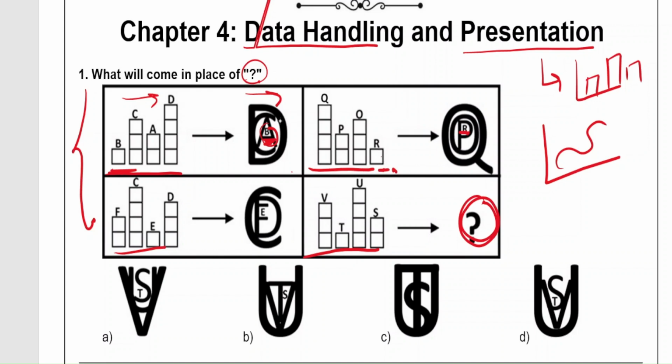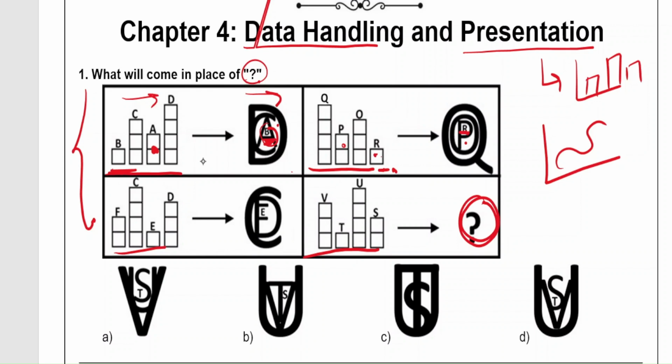Then A is written bigger than B in this picture and P is written bigger in this picture. Now why is it written so? Because A is bigger than B according to this picture representation, and here P is bigger than R in this picture representation.